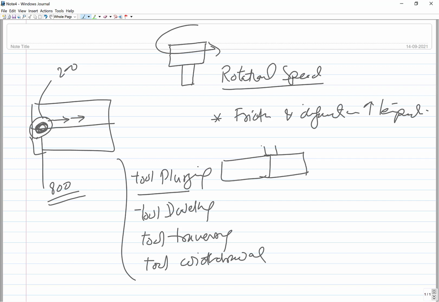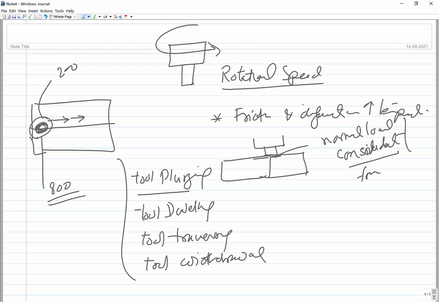pin gradually until the tool shoulder starts touching the surface. Okay, and a little deeper plunging is done, so that there is enough normal load for facilitating the forging or consolidation of the metal which is being deformed.